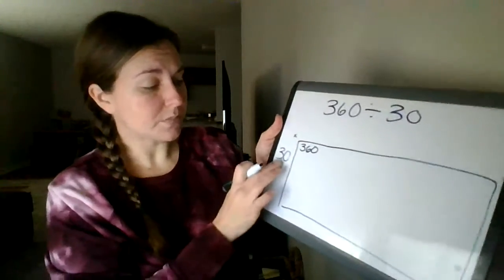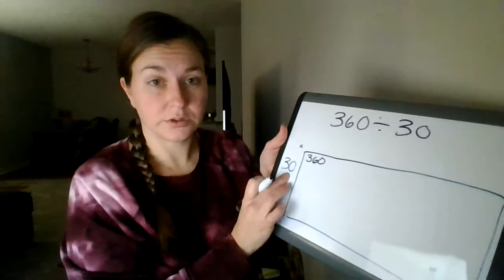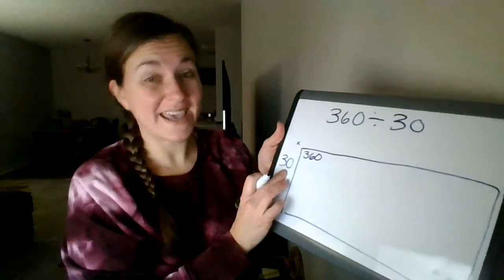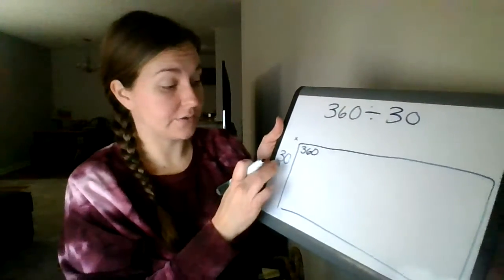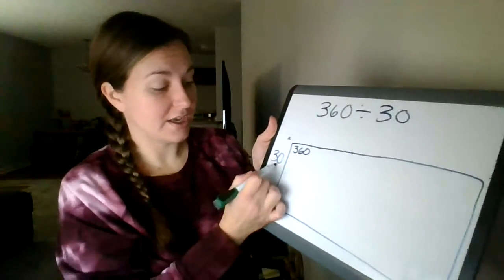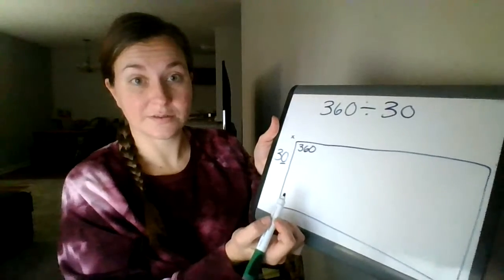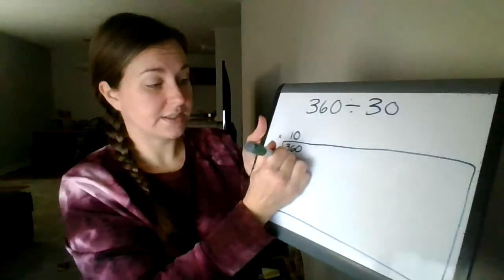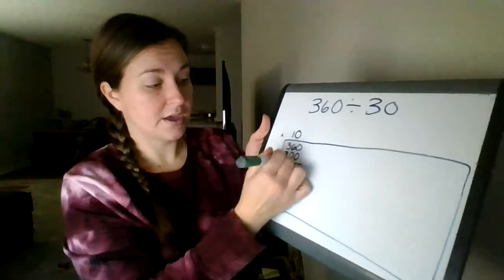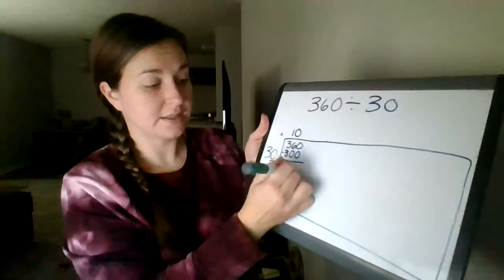So I know that 30 times 10 is going to give me 300, because I know that 3 times 1 is going to give me 3, and then I have my zeros. So 30 times 10 is 300.